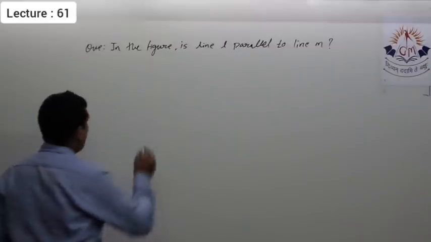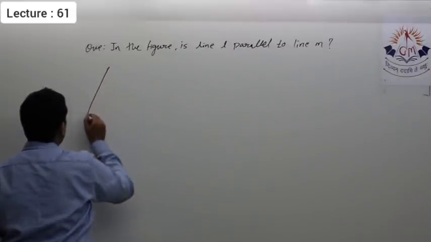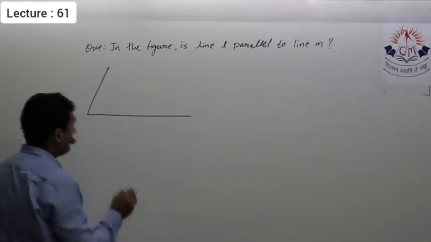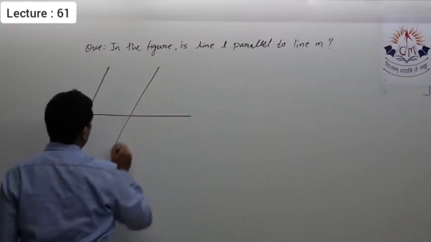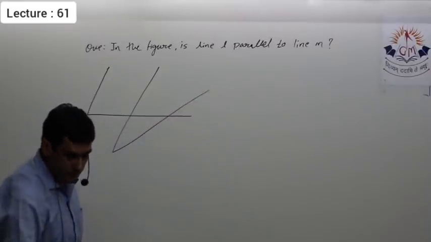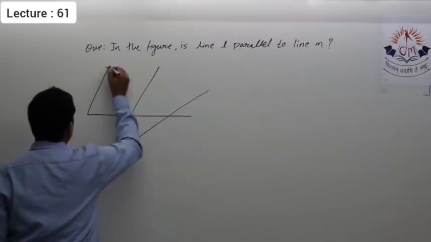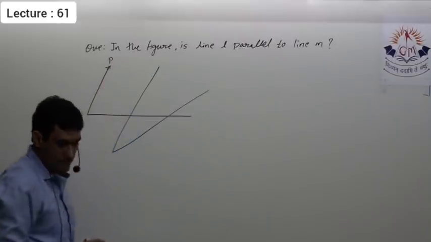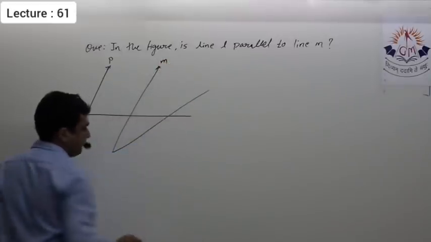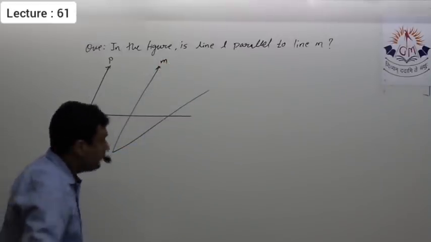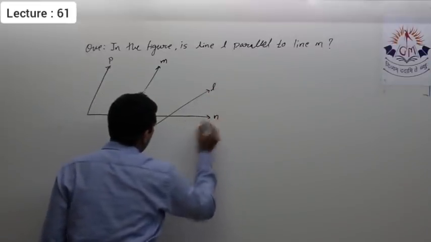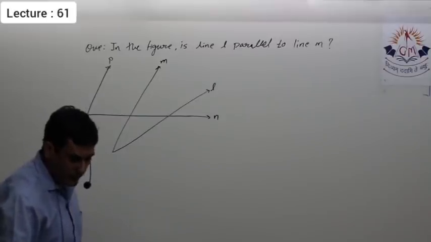Okay, so here is the diagram. This is line P, this is line M, this is line L, and this is line N. Some angles are given.